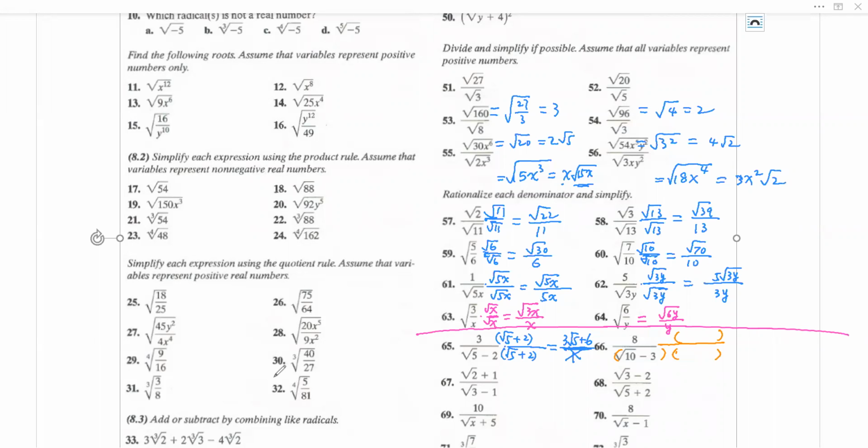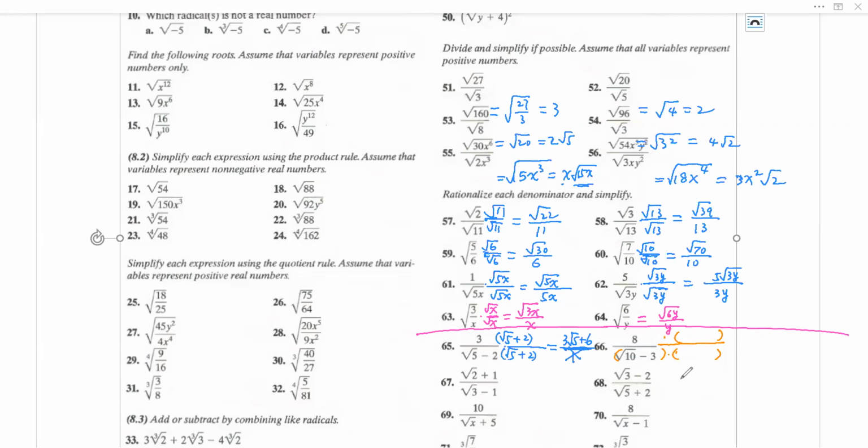Tommy, what's the conjugate of this 66? Thomas. Oh, all right. So what should it be with this? What would the conjugate be? You don't know?